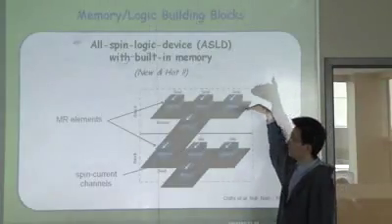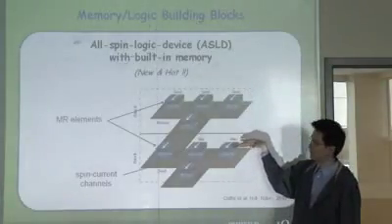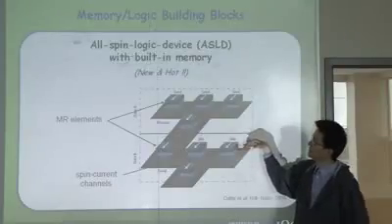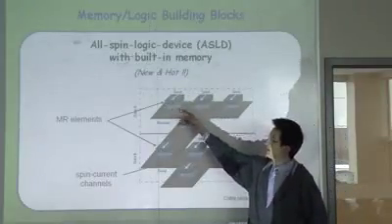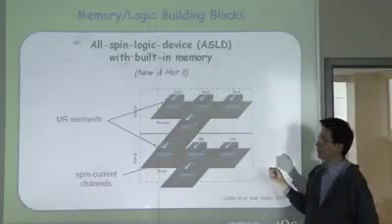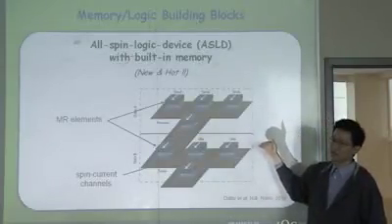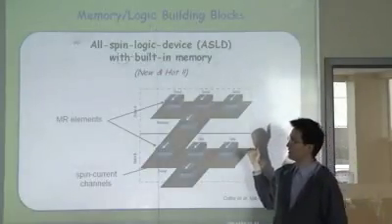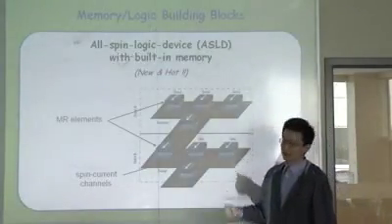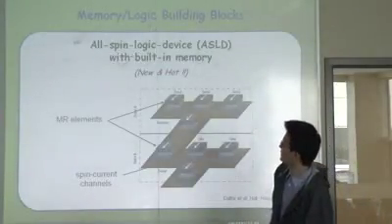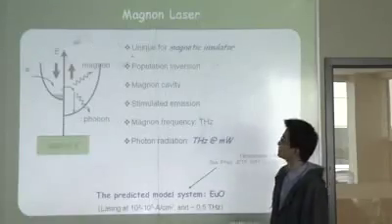You can perform all these logic operations. In addition, every magnetic tunnel junction is also its own memory, so we have logic operations with built-in memory devices. This is the direction we are going to come down in the near future.